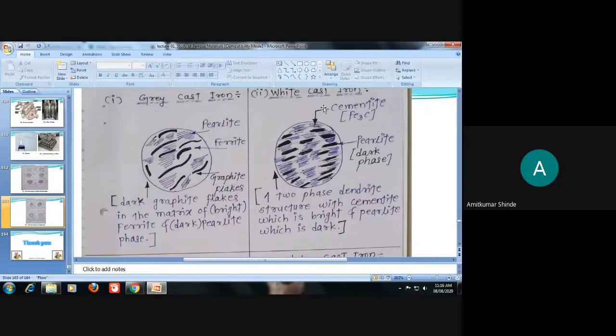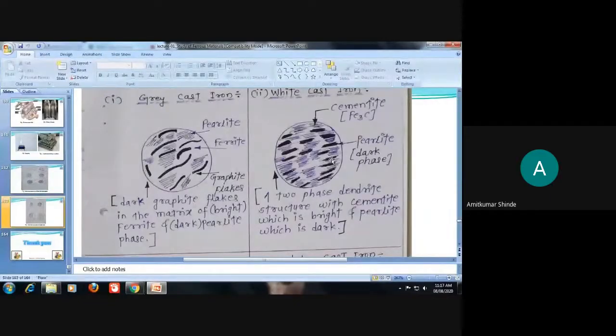Due to this cementite only, it is termed white cast iron. You will get a better understanding when we see the microstructures in practical work. From that you will get a clear idea.